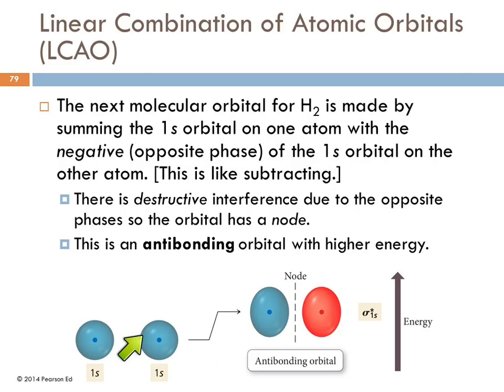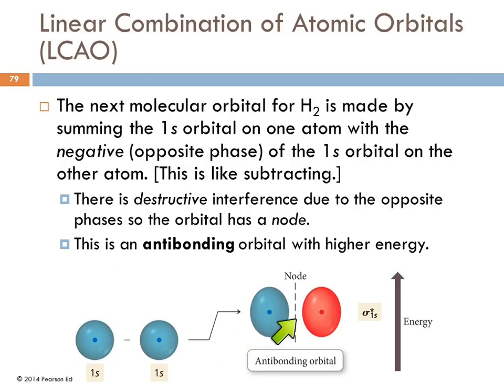But if we take this and combine it with the opposite phase of this one, basically we're subtracting them in a way. We end up with something that looks like this. Like, how do you get that? Well, it's not easy to understand how you would get that, but that's what we get. It's complicated.